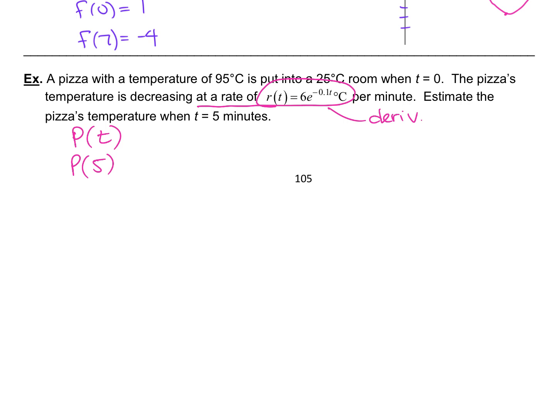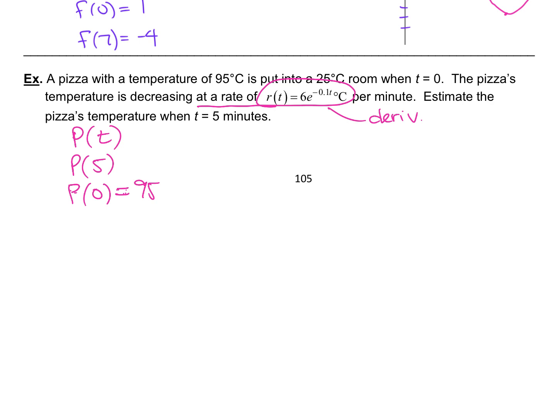We want to know P of 5, but we know from this kind of information we have to be given something. P of 0. Okay? We know P of 0. Now, which of those things is it? Remember, what does P of t represent? The temperature of the pizza, which is 95. And they're going to be tricky about that. There's extra information there on purpose.